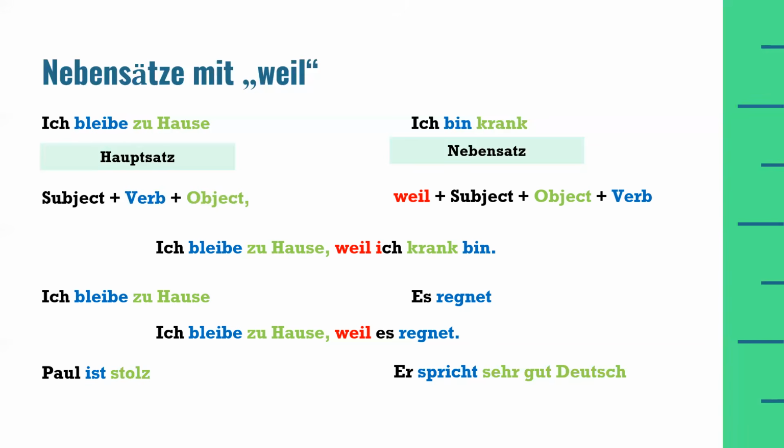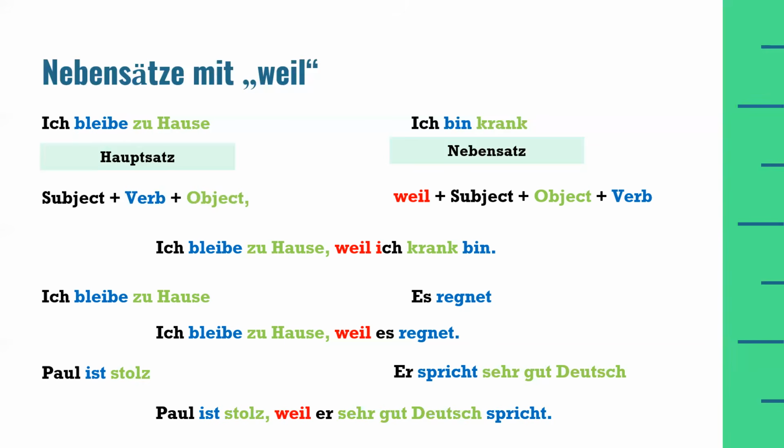So the second sentence will follow the rules of Nebensatz. If we want to combine these two sentences, it will be Paul ist stolz, weil er sehr gut Deutsch spricht. Paul is proud because he speaks very good German.